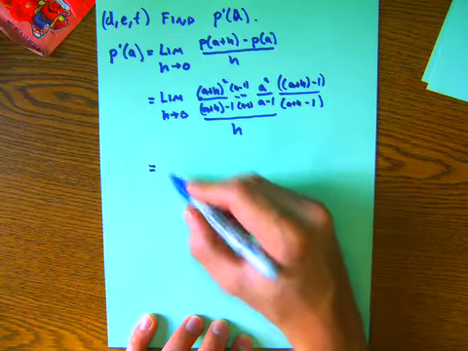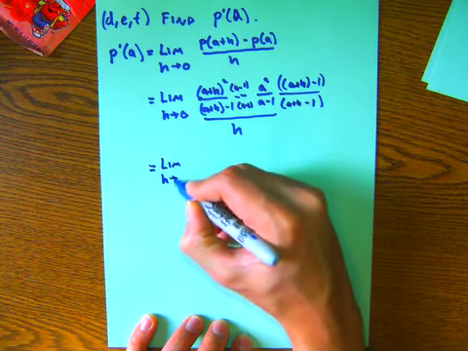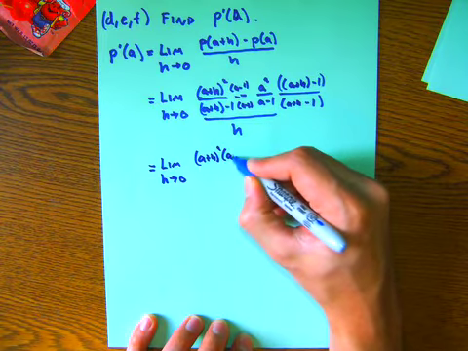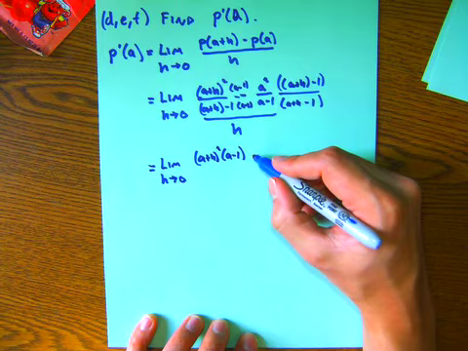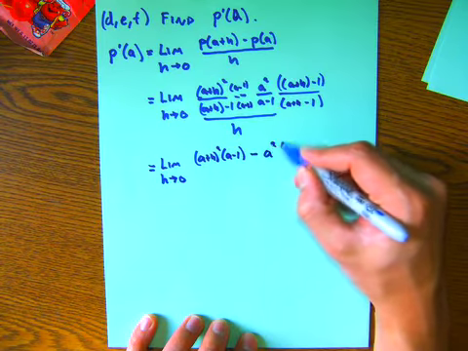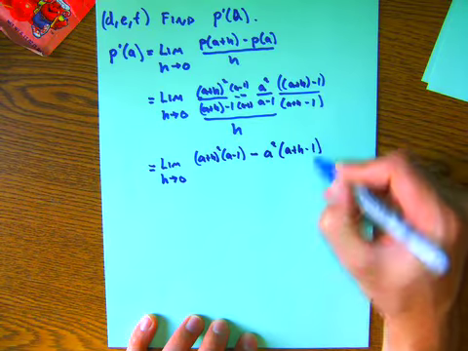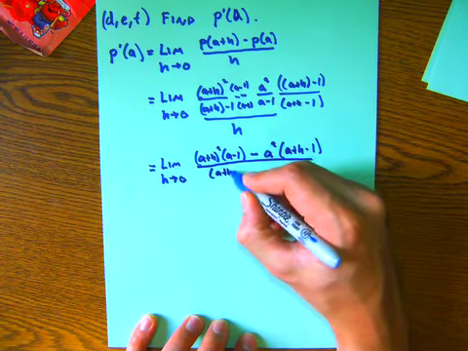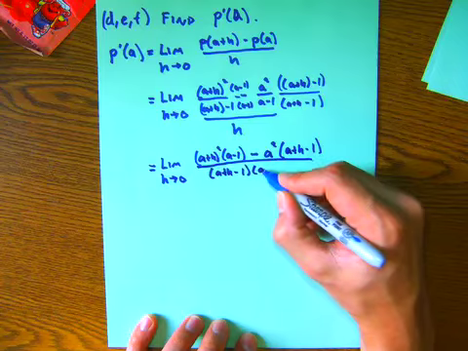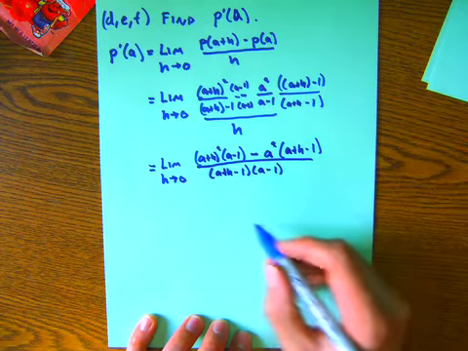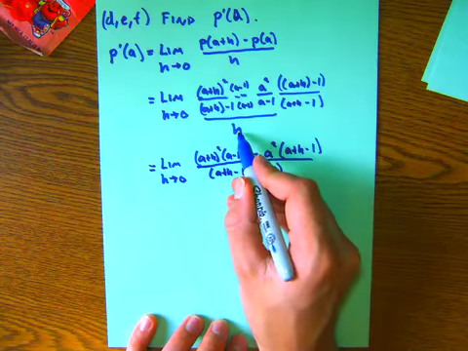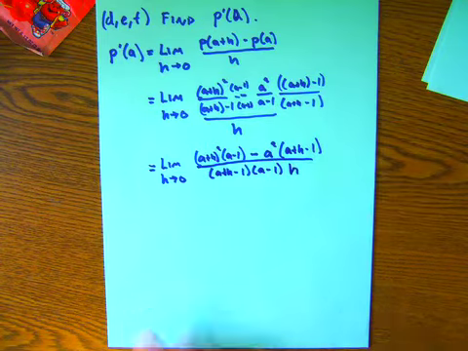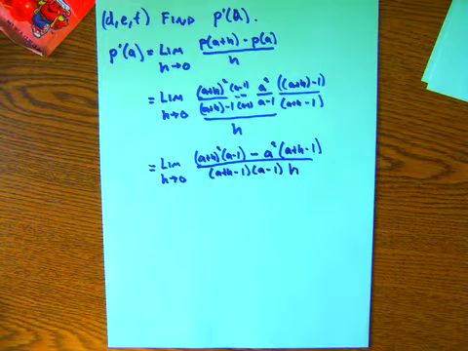This becomes the limit as h goes to 0 of a plus h squared times a minus 1 minus a squared times a plus h minus 1, divided by, sort of messy, a plus h minus 1 times a minus 1. And since the h was here before, if we keep track of our fractions, it's going to end up in the denominator of this expression.